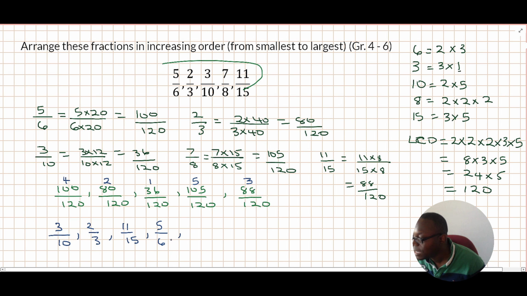And then finally, you have 105 over 120, and that is 7 over 8. So this is the fraction approach. The other way you could do this is to convert every single one of them to decimals. That may take you longer than doing it this way, so I tend to use the fraction approach to solve this type of question.